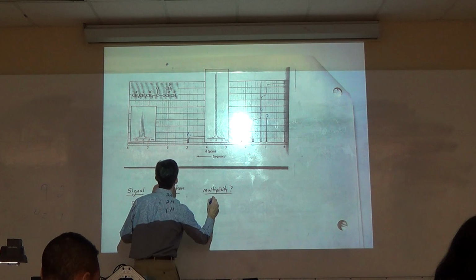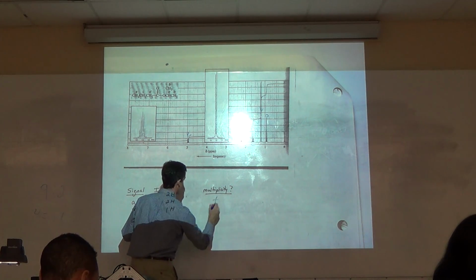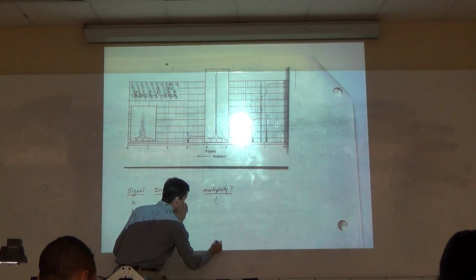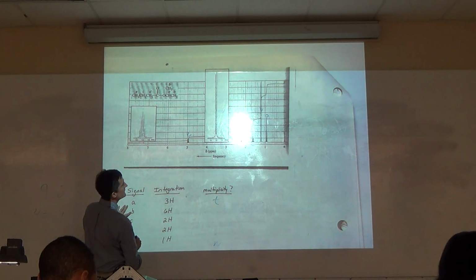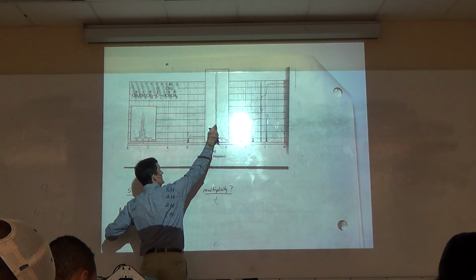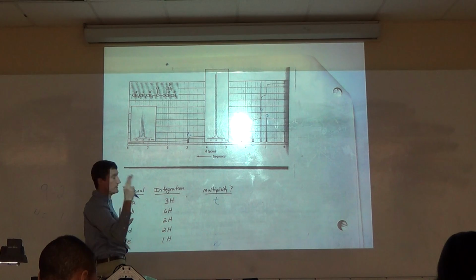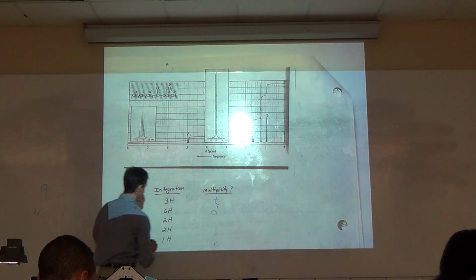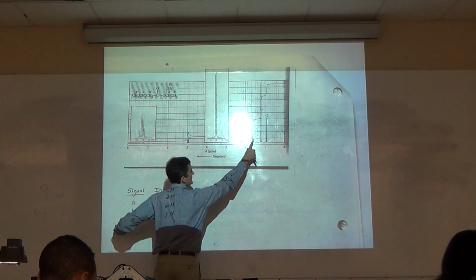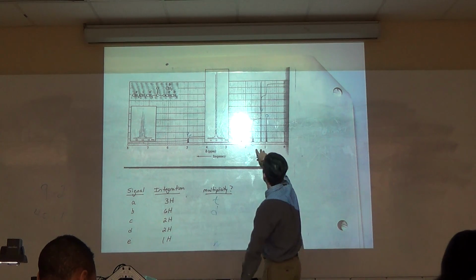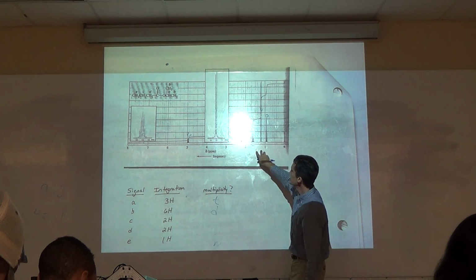Multiplicity: we called A a triplet. E was a multiplet. What is B? It's expanded so you can see it. It's 2 lines. Doublet. C is this one. Yeah, they didn't expand it, did they?